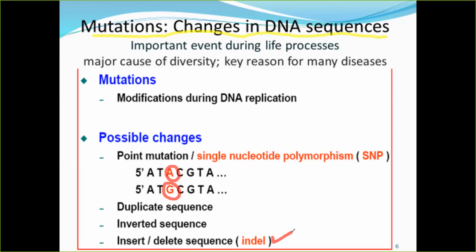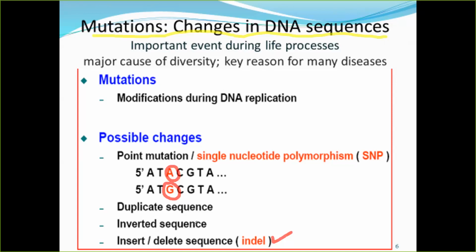And there is another type of mutation called duplicate sequences, when a region of the DNA is duplicated. दो दफा आ जाता है, एक रीजन है डीएनए का, कुछ बेस पेयर हो सकते हैं और वो दोबारा रिपीट हो जाता है.